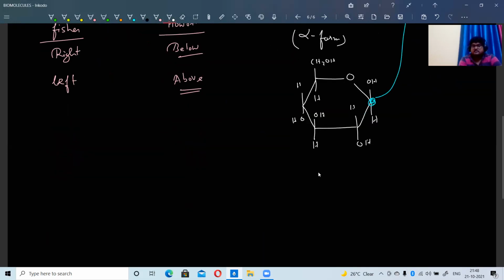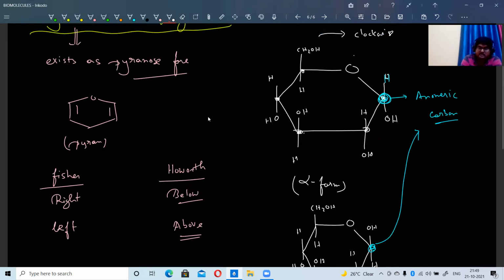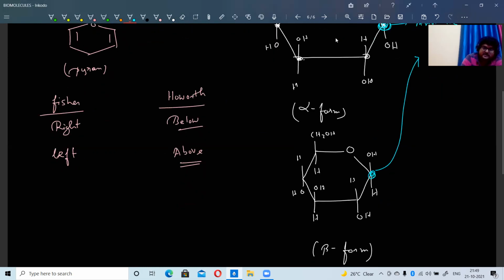Now tell me, this one is the beta form. What is the relation between alpha D glucose and beta D glucose? We can write alpha D glucopyranose, because this one is a pyran form. So just write down the names. This one is called alpha D glucopyranose, and this one represents beta D glucopyranose.